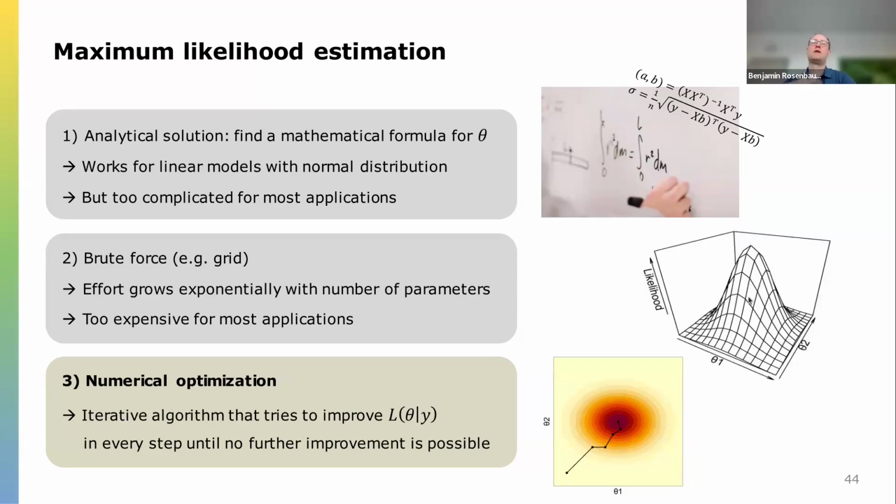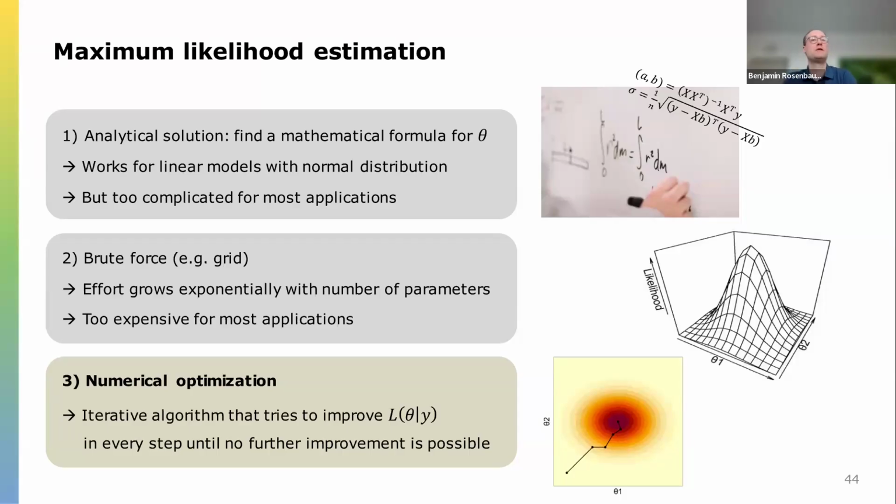But if you have more than 2 parameters, for instance, if you have 10 parameters, then you already would have to compute 10 to the power of 10 values, which already becomes computationally too expensive. So also just brute force is not possible here. However, there's something like numerical optimization.